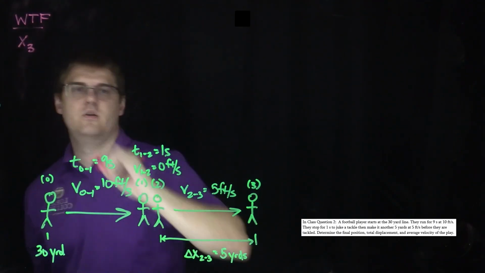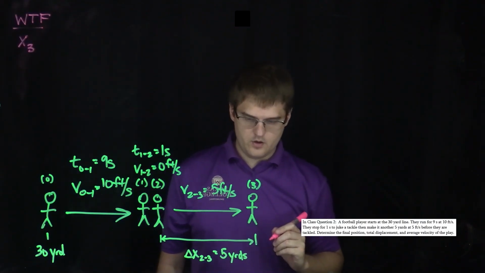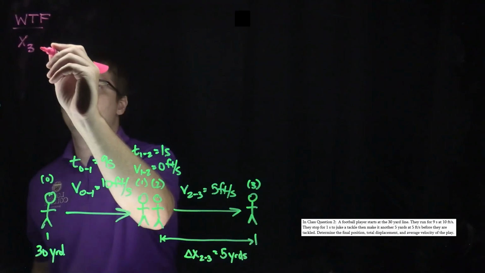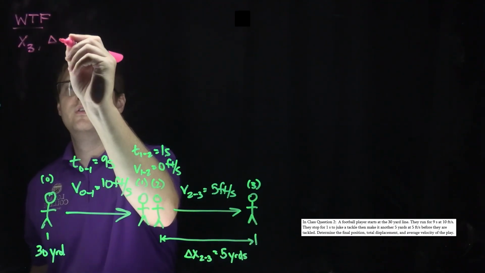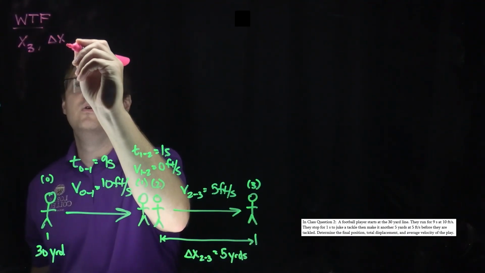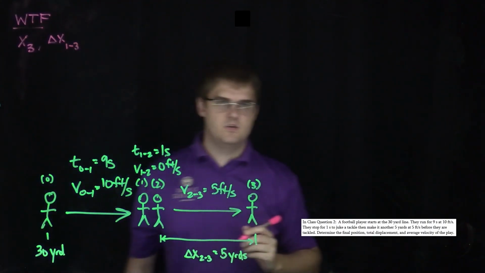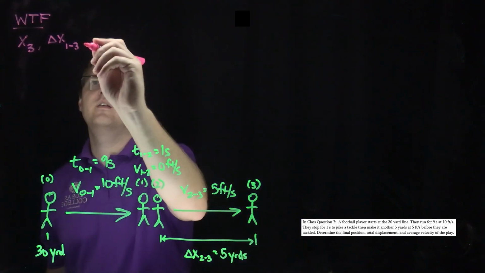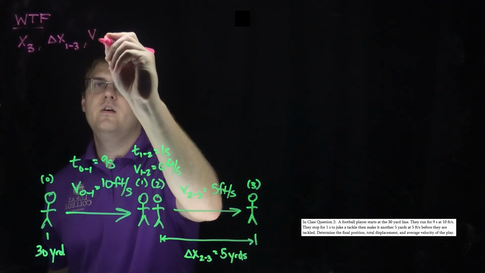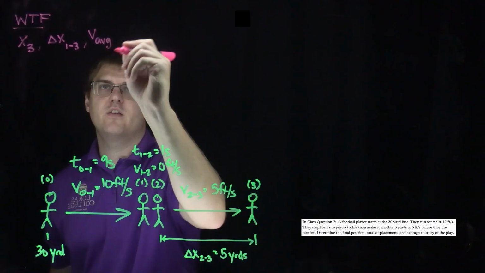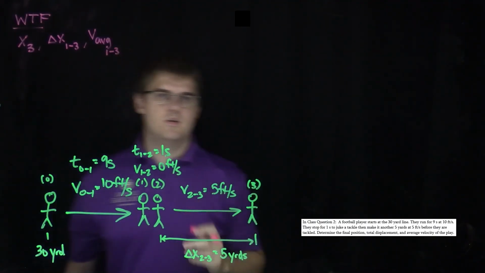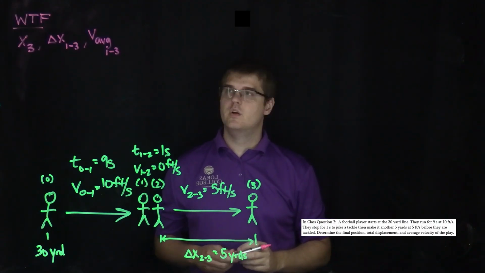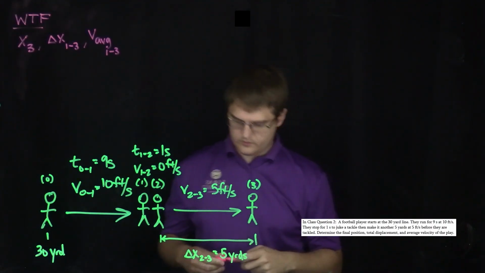So x3, we need to find. We need to find the total delta x from 1 to 3. And we need to find the average velocity between 1 and 3. So that is what we are after.